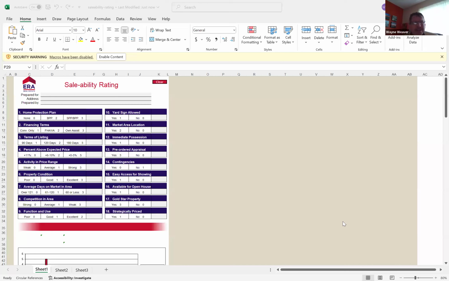As you look at this saleability rating, I think I'm going to actually update one for us and maybe add to this. If you're peeking at this, or maybe seeing this for the first time, maybe think about it if we haven't used Gold Star in a while.